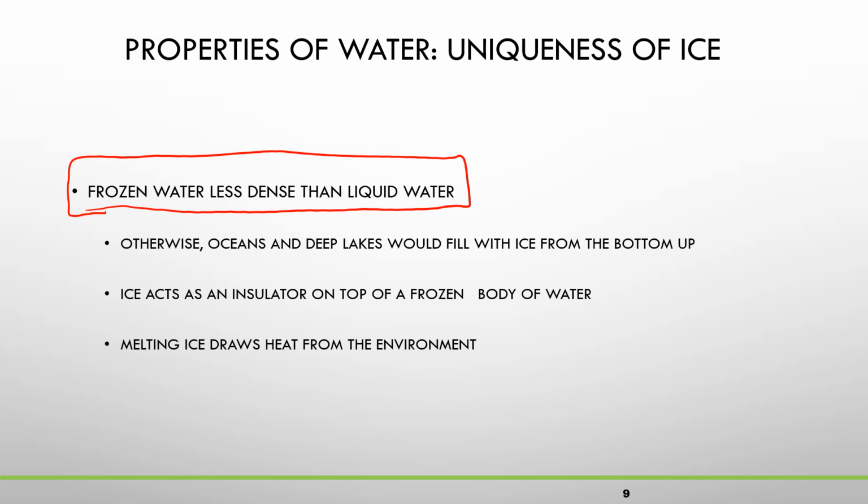And that enables oceans and lakes to not freeze all the way down, because they have a layer of ice on the top which insulates them, and that enables living things underneath to still survive in the water. And it also helps control our climate.